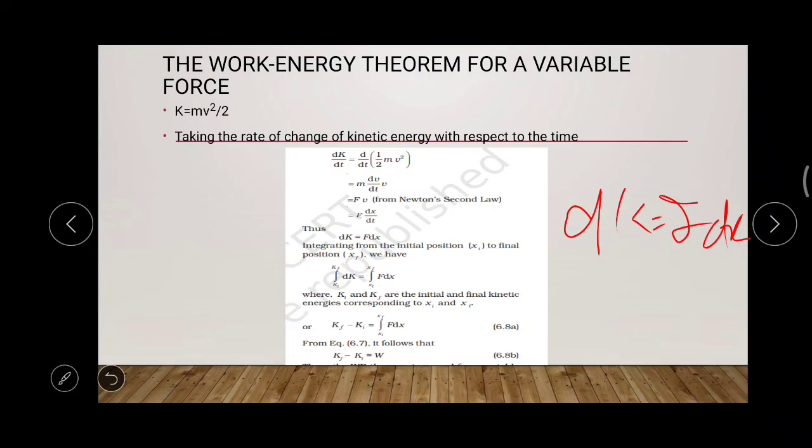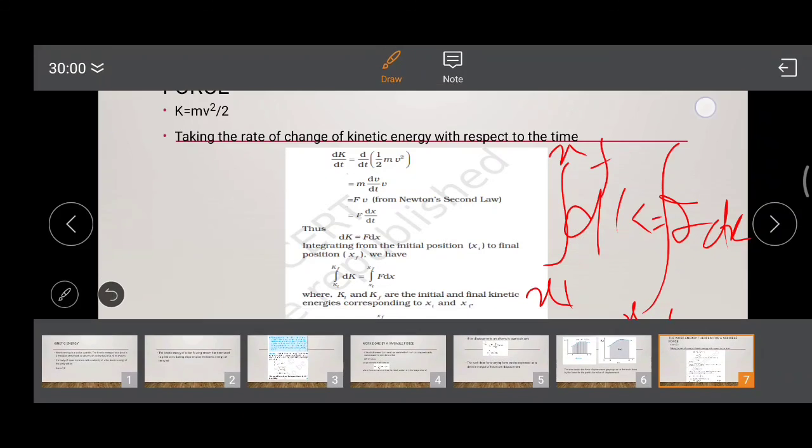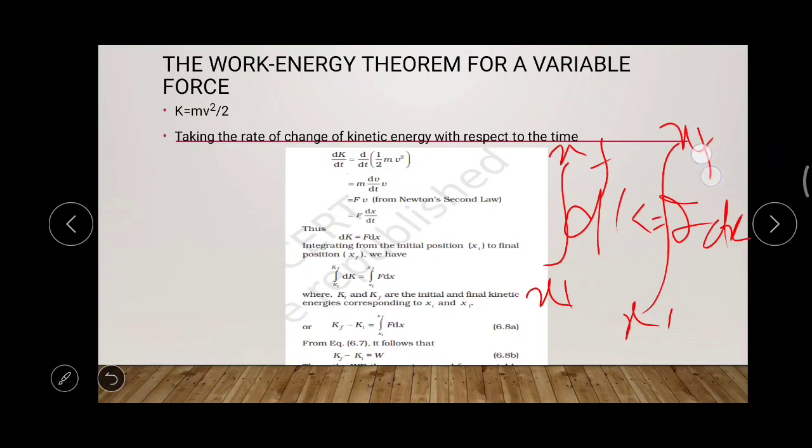Now you have to integrate both sides with limits initial xi and final xf, where xi is the initial position and xf is the final position. By integration, dk will become k, and applying the limit, it will become kf minus ki.